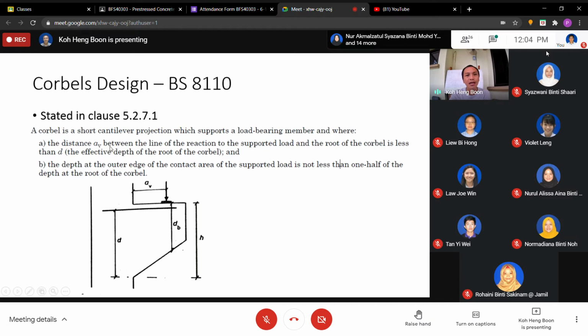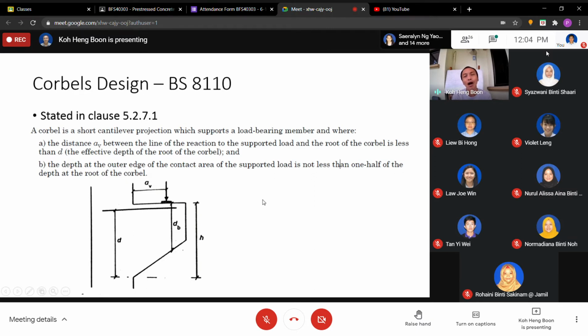The distance AV between the line of the reaction and the supported load, from the inner face or outer face here, is less than D. So AV will be less than D.